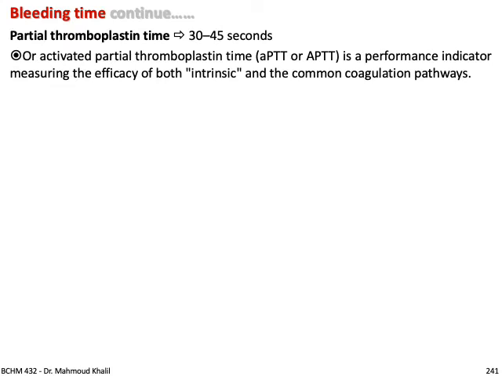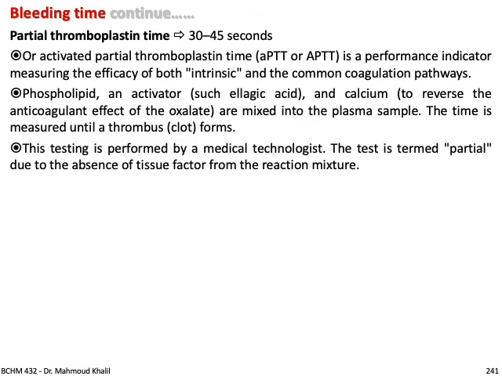The partial thromboplastin time, normally from 30 to 45 seconds, sometimes called the activated partial thromboplastin time, is a performance indicator measuring the efficacy of both the intrinsic and the common pathways of coagulation.